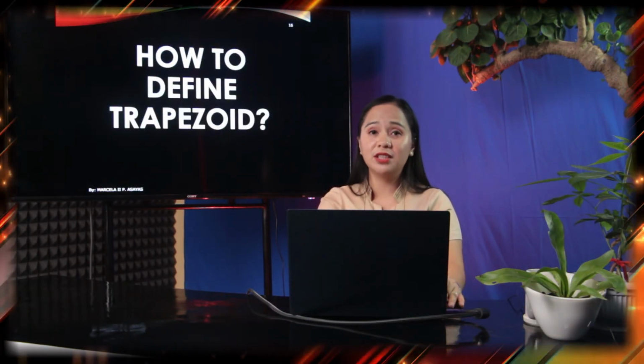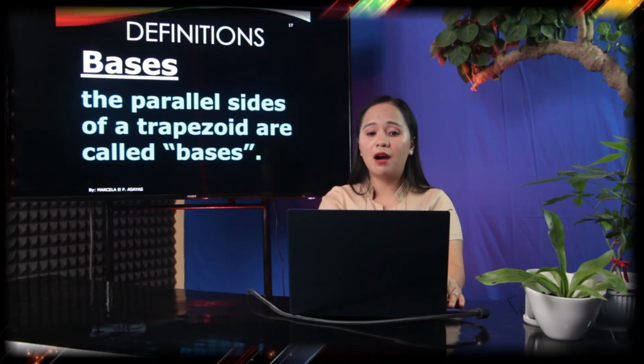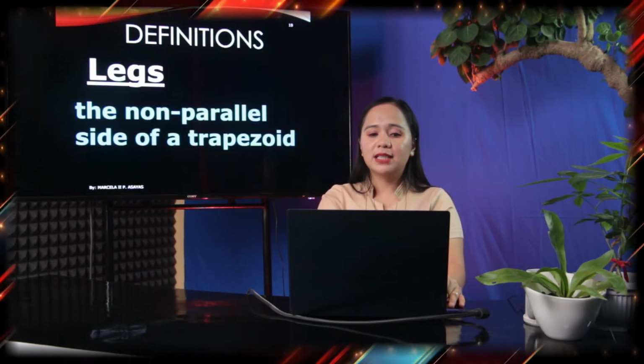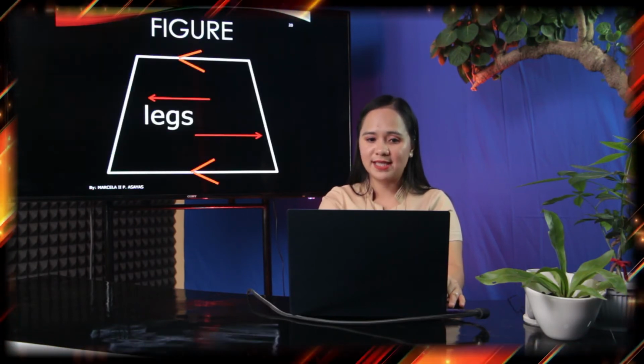Next, how will we define now the trapezoid? The parallel side of the trapezoid are called bases, and the non-parallel side of the trapezoid is what we call legs.